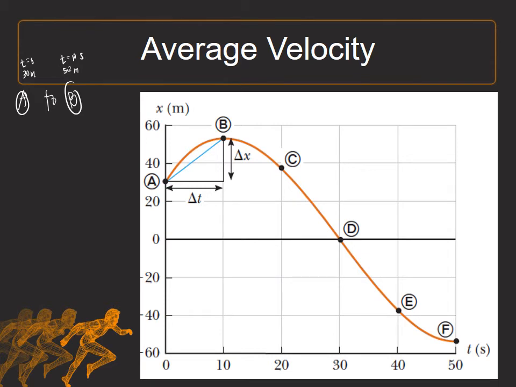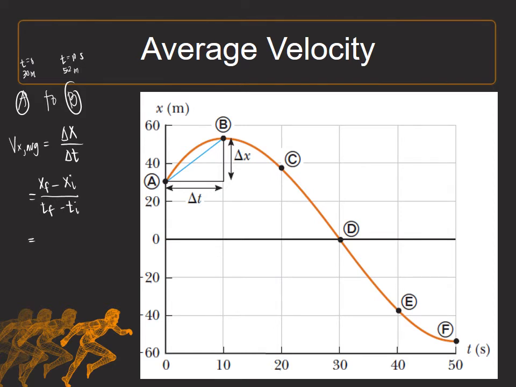So from A to B, the average velocity is just displacement divided by the change in time. What is the displacement? That is final position minus initial position all over final time minus initial time.